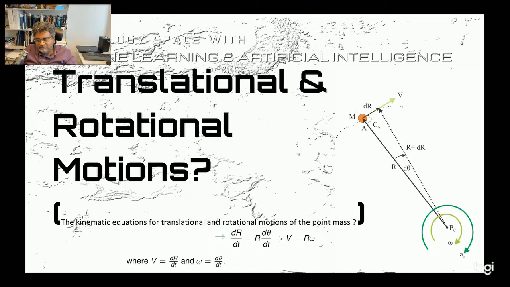So if you apply those values into the existing equation, you end up with the final equation, v equal to r times omega. What that means is the translational velocity of this point mass is equal to r, which is the magnitude of this displacement vector, times omega, which is the rotational velocity of this point mass.